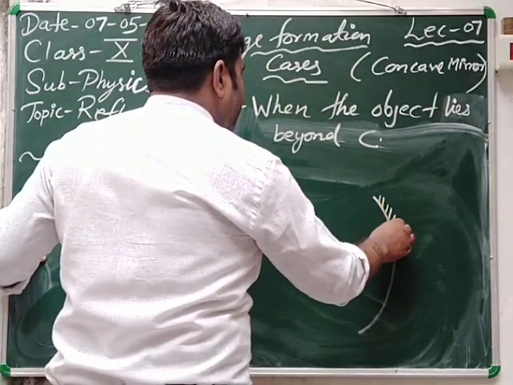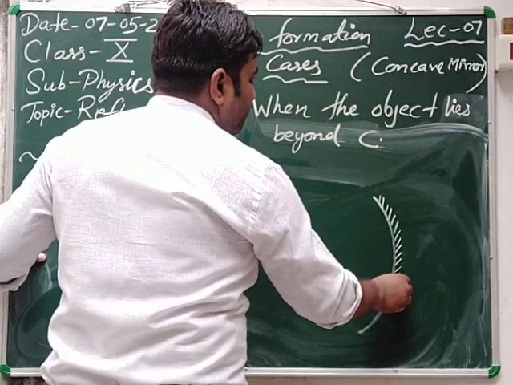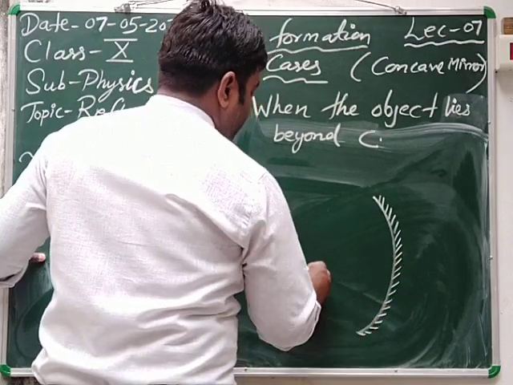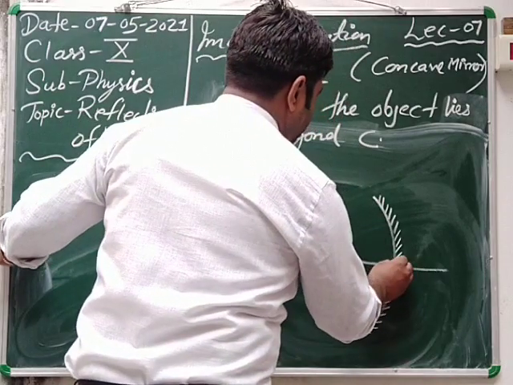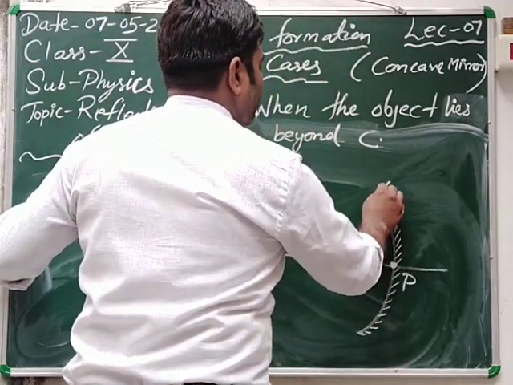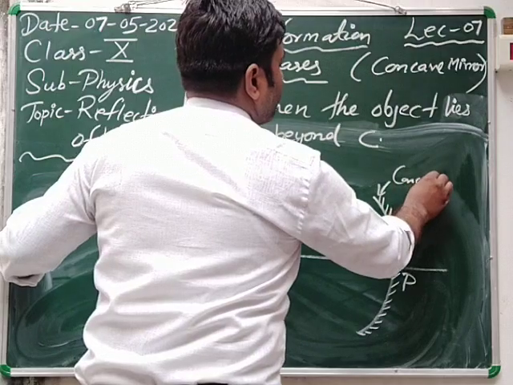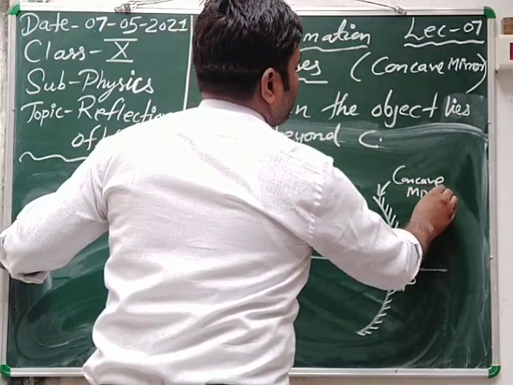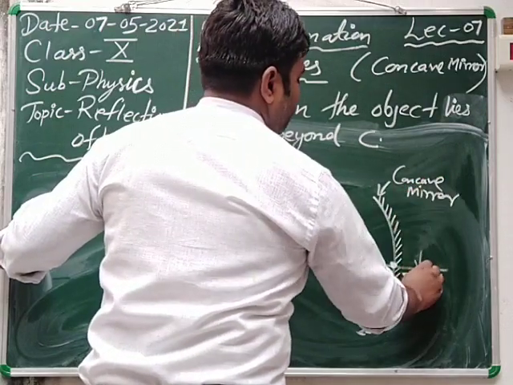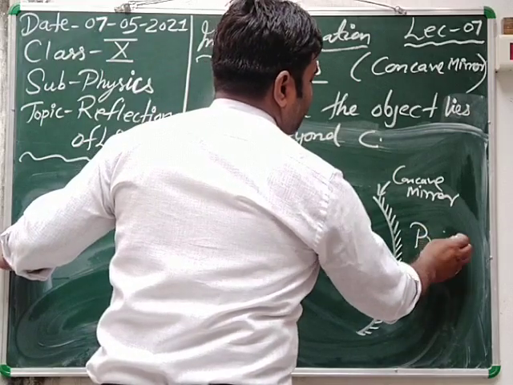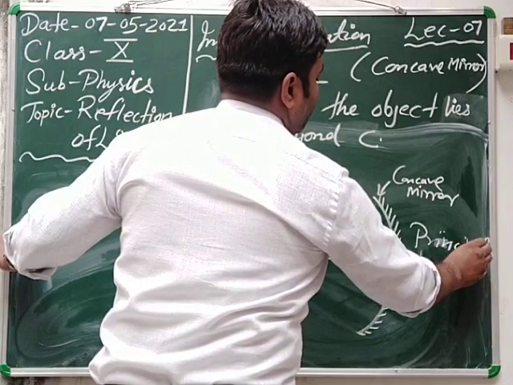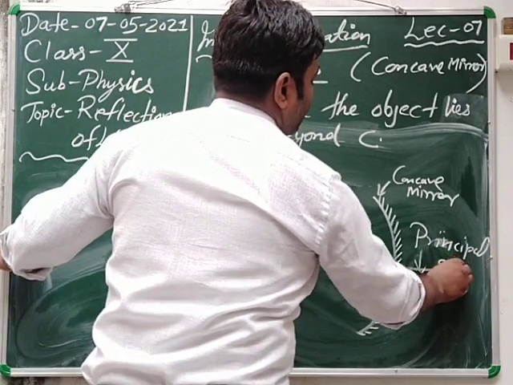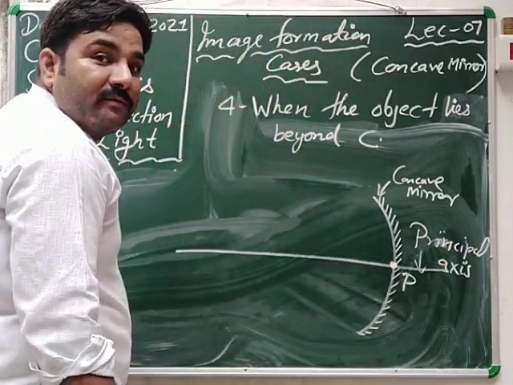So you see, this is the concave mirror, and this one is the principal axis, and here what?